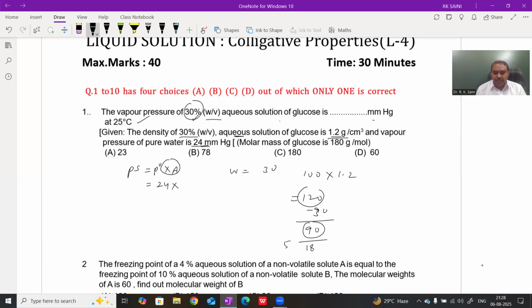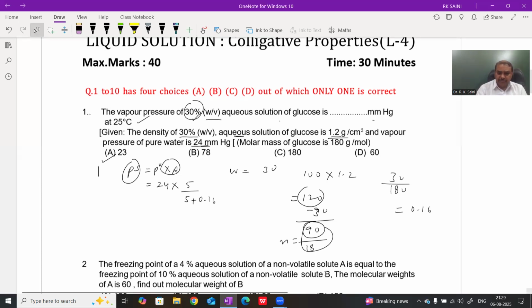Therefore, the moles of water are 5. Mole fraction means moles of water 5 upon total moles. Total moles are 5 moles of water and 30 gram of glucose divided by 180, which is about 0.17, so total moles is 1.6. And hence we find the vapor pressure of the solution. Take your answer, nearly 23.